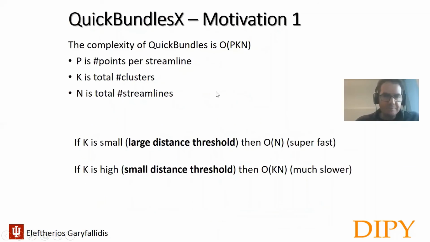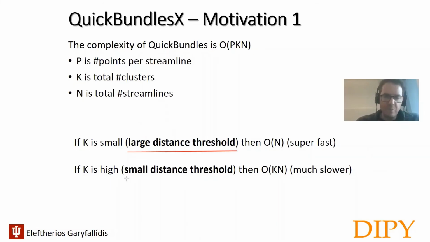So then there is also QuickBundlesX, which is a faster version of QuickBundles that basically takes into account the idea that if you have a large threshold, then QuickBundles is faster and you have fewer clusters.